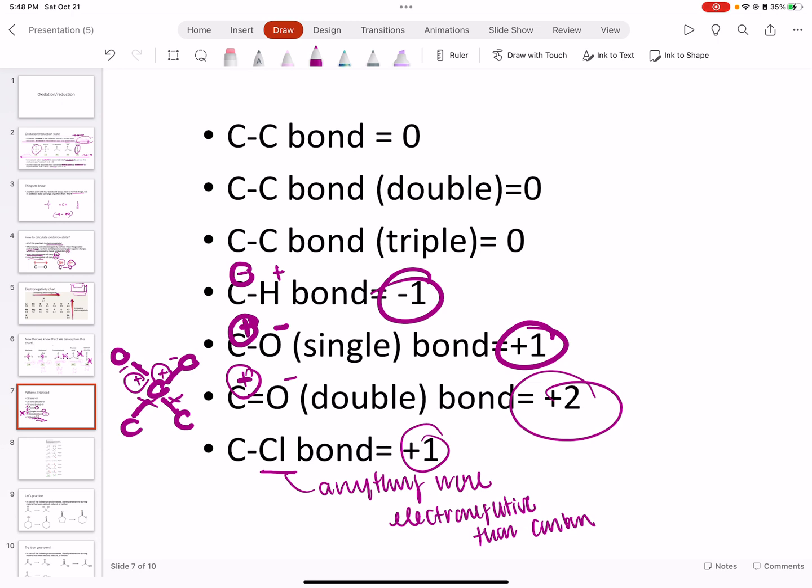Of course, it has to be a single bond, so take into account that it's gonna be a single bond. But then anything more electronegative is gonna carry that negative charge, and then carbon's gonna carry that positive charge.